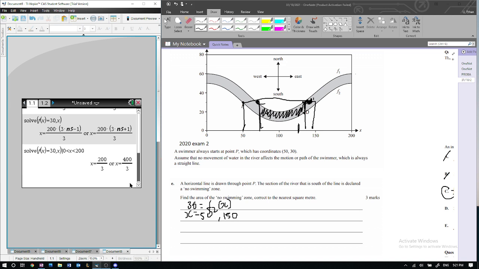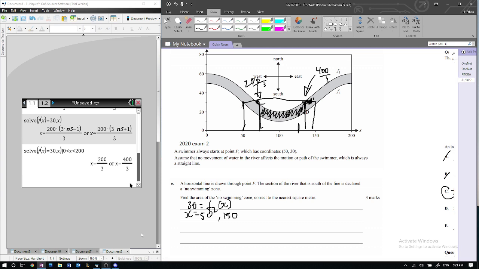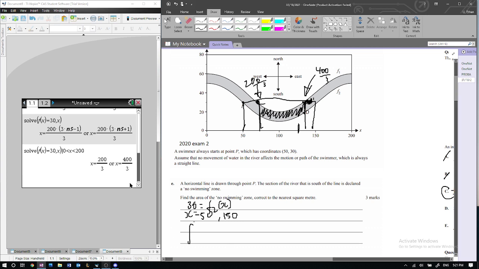So I'll show what exactly that means on this. On this graph, that means that point is 200 on 3, and that point is 400 on 3. Then calculating the area of that bit, just go 400 on 3, 200 on 3, the top function minus the bottom function.